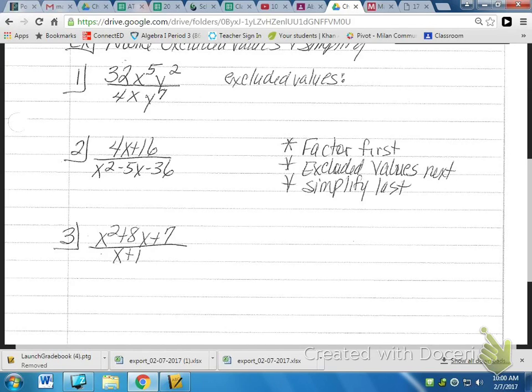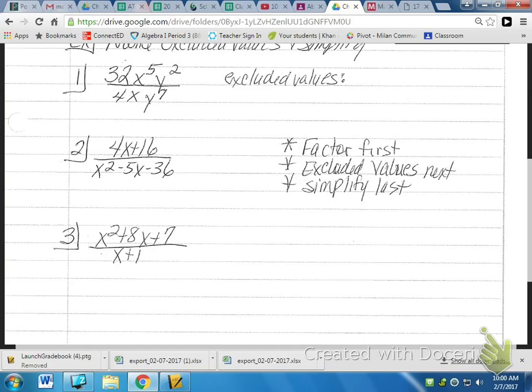Now, excluded values. Here's what we're talking about, just like yesterday. What would make that denominator be 0? Well, it looks like to me in number 1, we can't just worry about the x because there's also y's in that denominator. Do you see that?